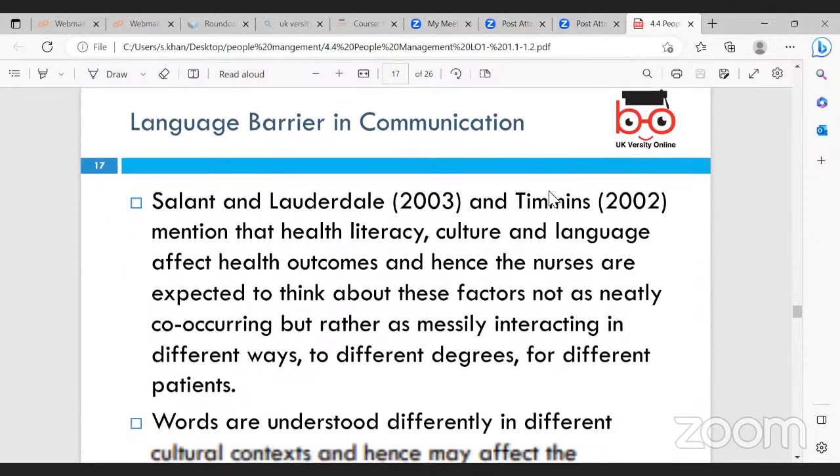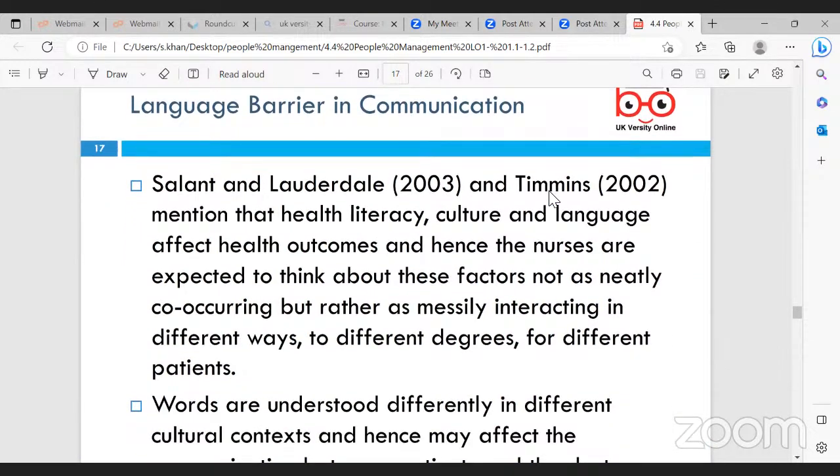Language barriers in communication. Salon and Lauderdale 2003 and Timmins 2002 mentioned that health literacy, culture and language affect health outcomes, and hence nurses are expected to think about these factors not as neatly co-occurring, but rather as messily interacting in different ways to different degrees for different patients.